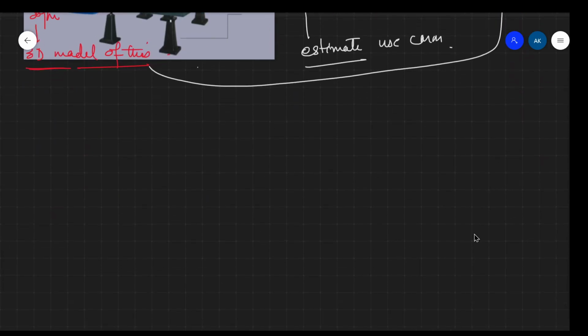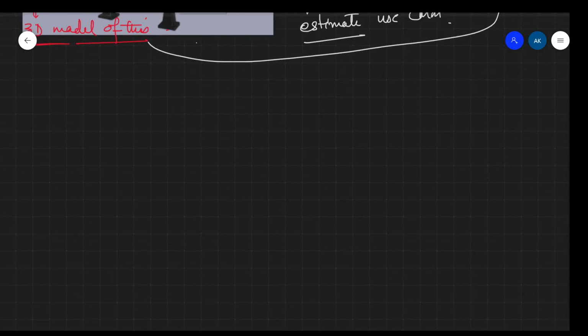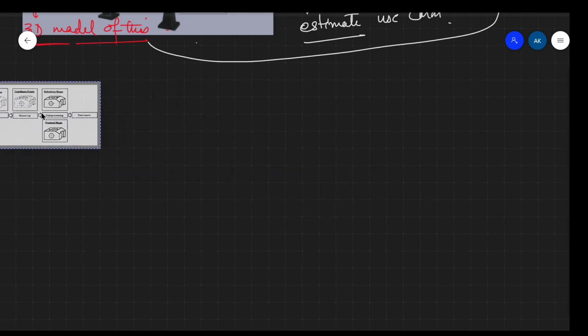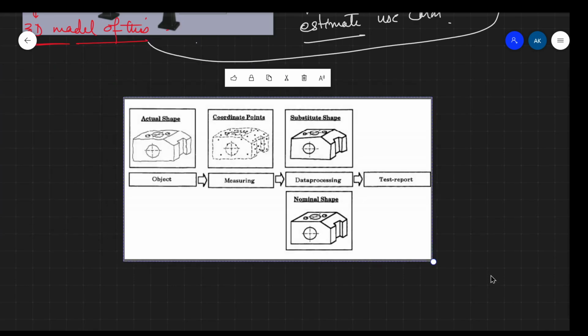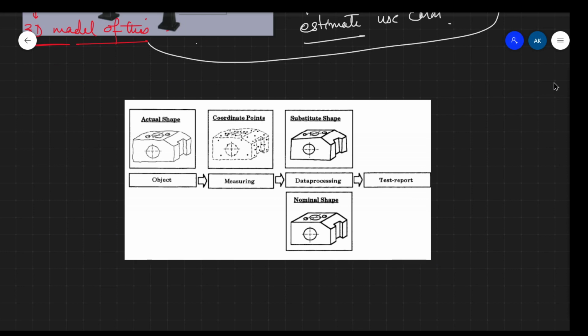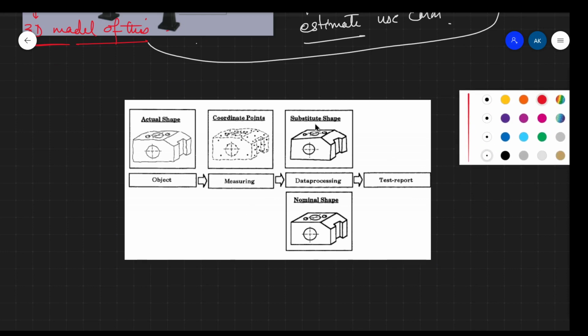Again, just for the sake of revision, or for better understanding, let me show you one more diagram. So yes, this is the thing. What is this?